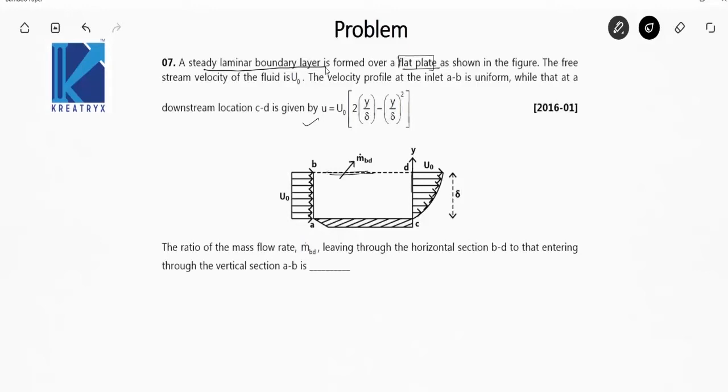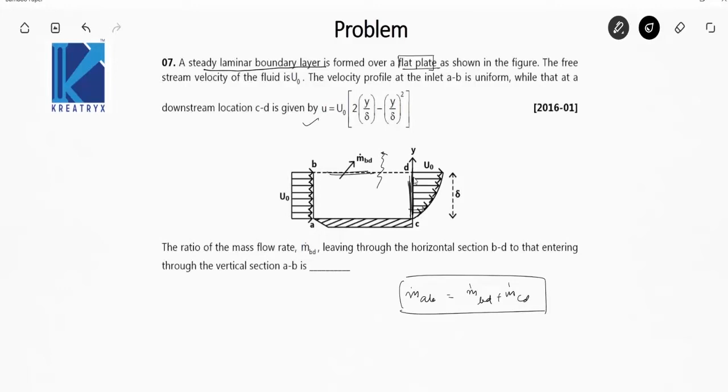Because of mass conservation, m dot AB is equal to m dot BD plus m dot CD. So the loss of mass flow rate through the boundary layer region will be going through the section BD, due to mass conservation.